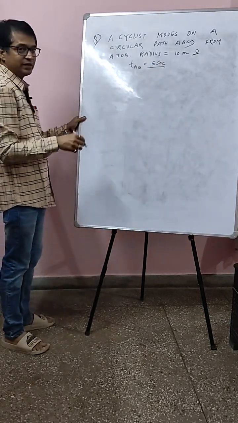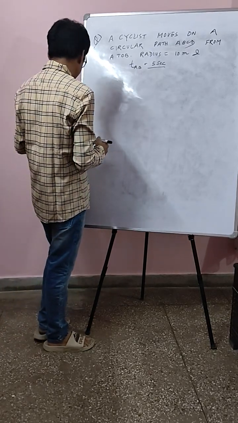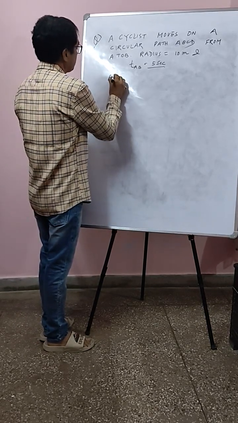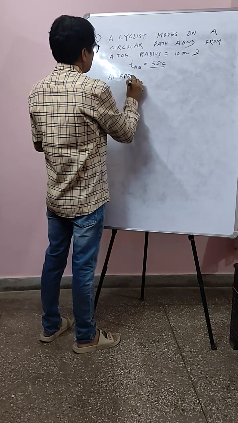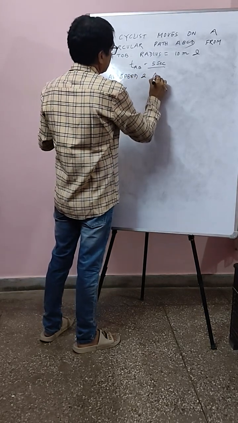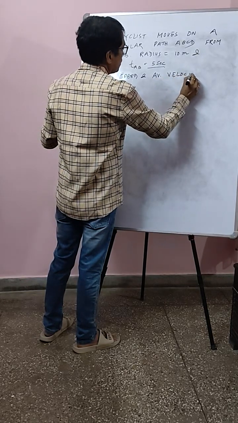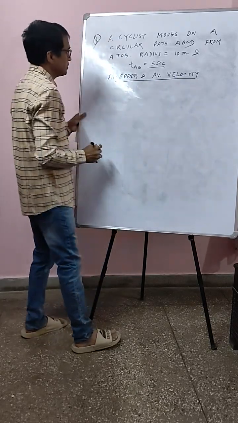So the radius of the circle is 10 meter and time is 5 seconds. We have to find average speed and average velocity.